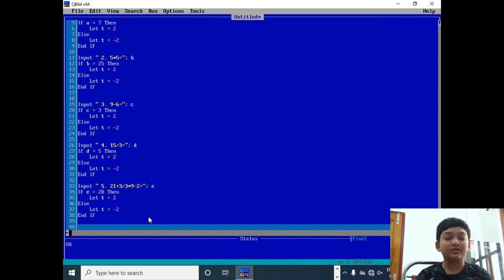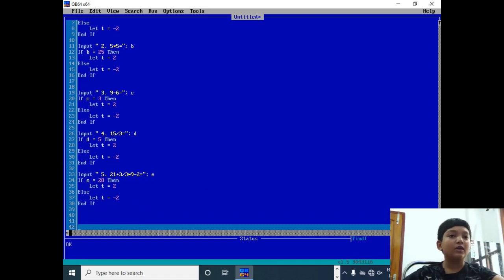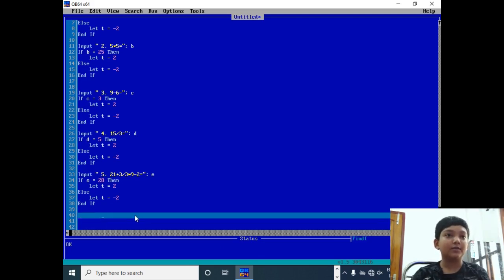Each and everything has been done. Now what to do? Is this the way, or do we have to do something else? We have to now print something. Print what? Your score is equals to, not score, correct answer, exam completed.